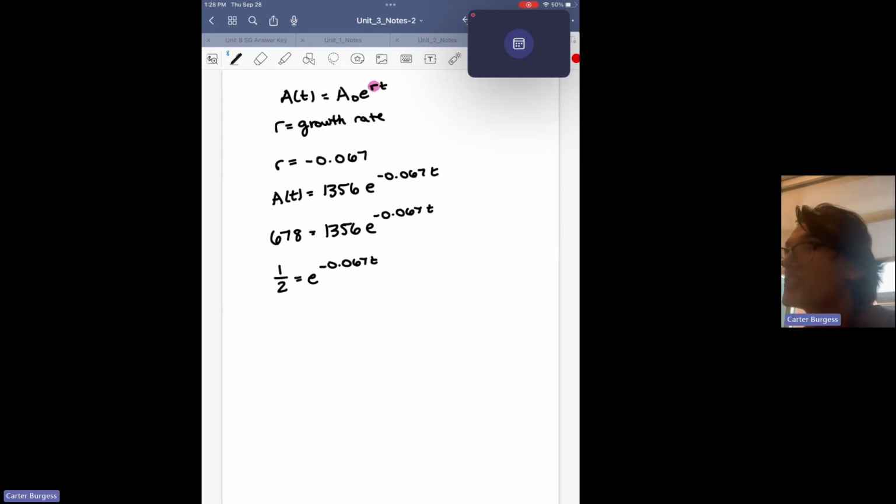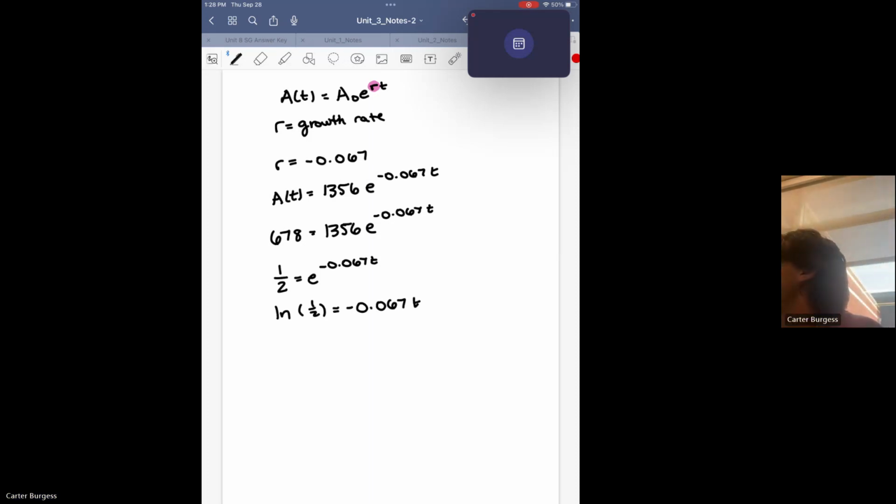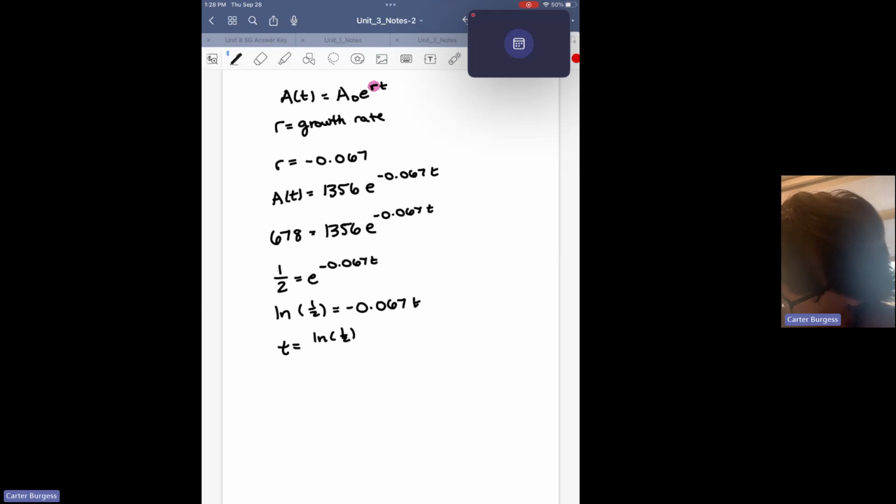Yeah, I like writing it out as a logarithm. You could change the 1/2 base to e to the ln of 1/2 as well, and that would work. But I would probably just rewrite this as a logarithm. Either way, you should get that the ln of 1/2 is equal to negative 0.067 times t. And so solving for t, I get that t is equal to the ln of 1/2 divided by negative 0.067 months.